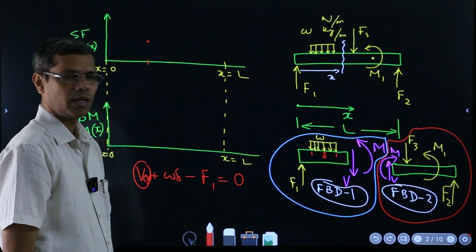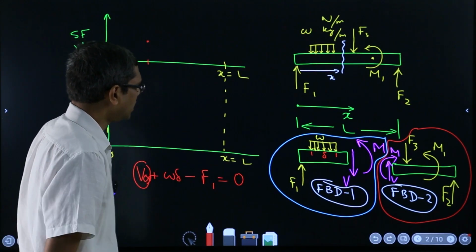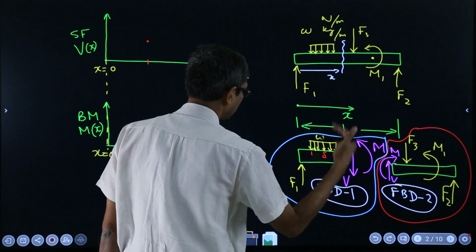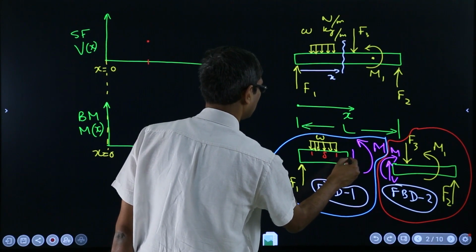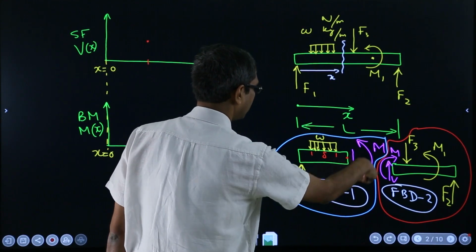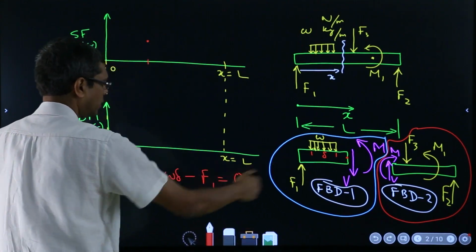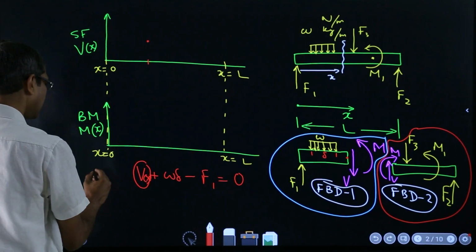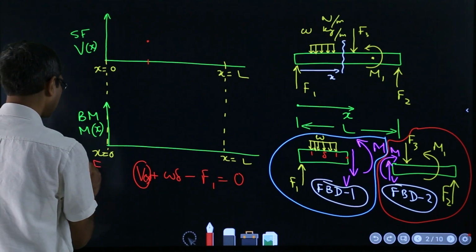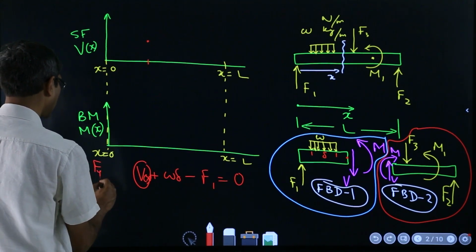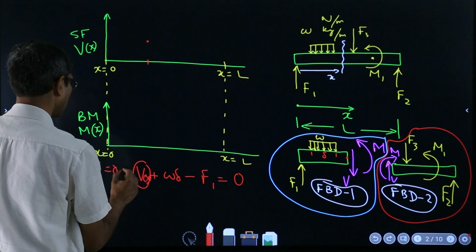Okay. Now at that x, suppose that location is somewhere here, so you will just plot this V, that's it. Similarly, if you take the moment about this point, then you calculate the total moment equation, right. So this is the summation of all the forces in the y direction to be 0.